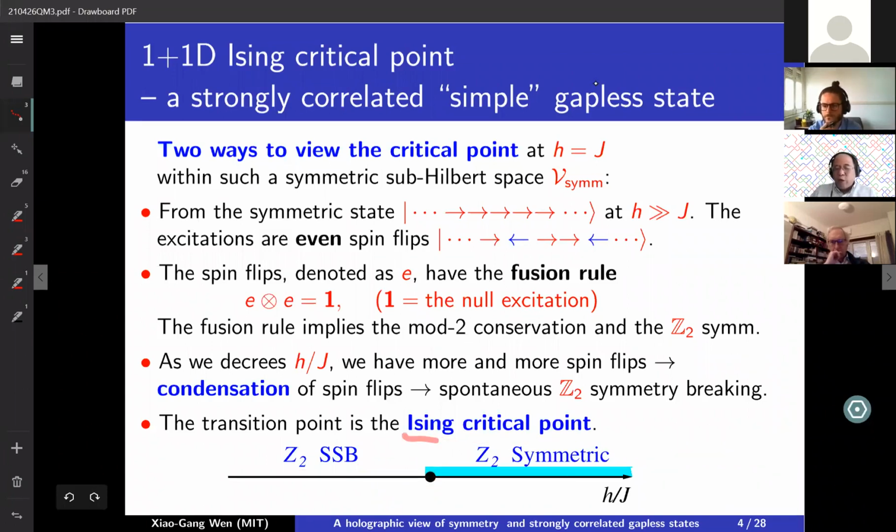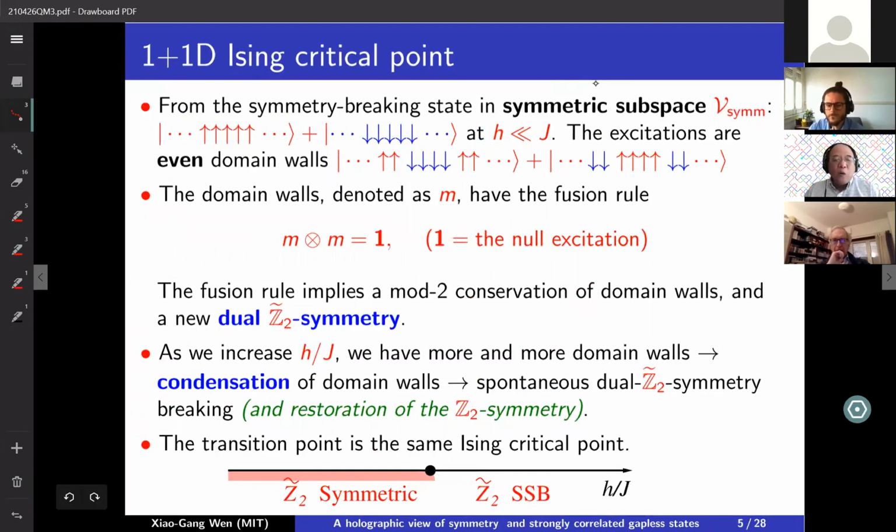And this Ising critical point is an example that is strongly correlated. It's not like a superfluid, which has a bosonic mode. Okay. So, however, there's another point of view of the Ising critical point, which is really the main topic of this talk.